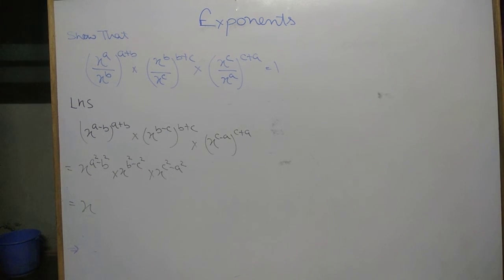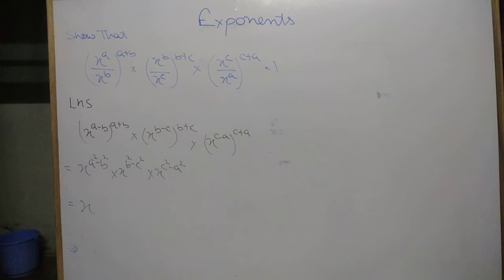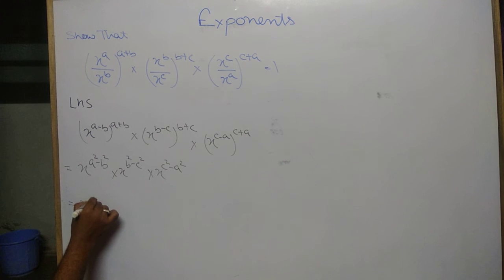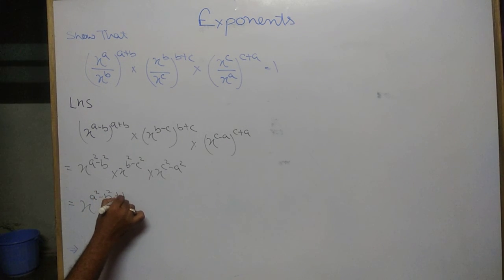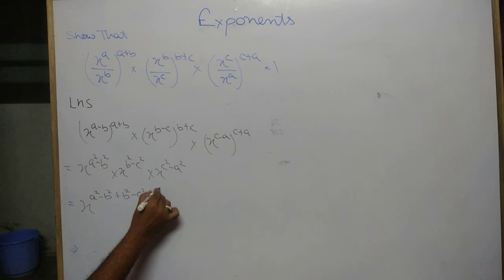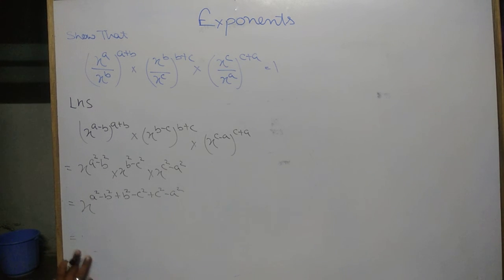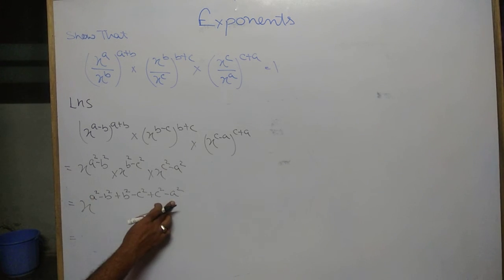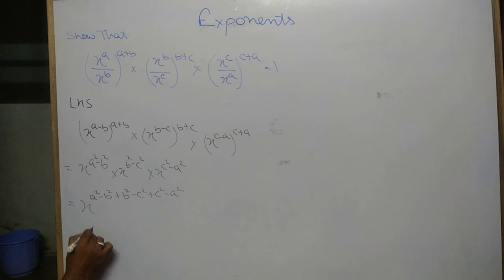See very carefully, it's x to the power a square minus b square plus b square minus c square plus c square minus a square. Ultimately these cancel each other: a square cancels, minus b plus b, c plus c. It is x to the power 0, which equals 1, hence it's proved.